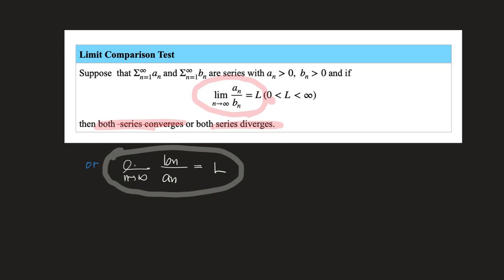Then we're gonna use this limit comparison test to determine if a series is convergent or divergent. This limit comparison test also needs two series, but for one series you have to know if it converges or diverges. Otherwise, you cannot use the comparison test.